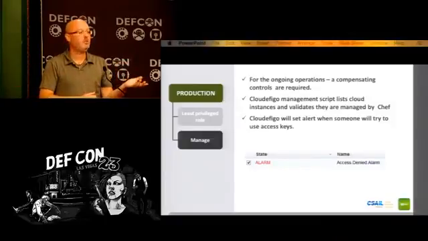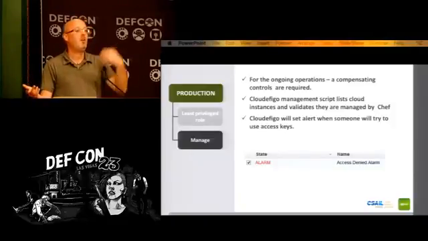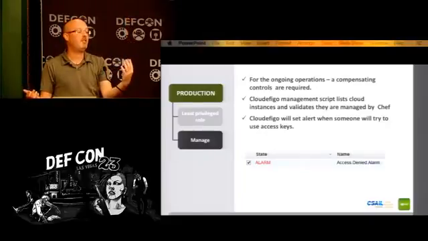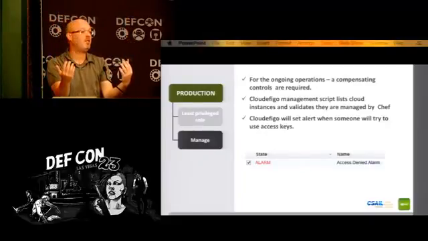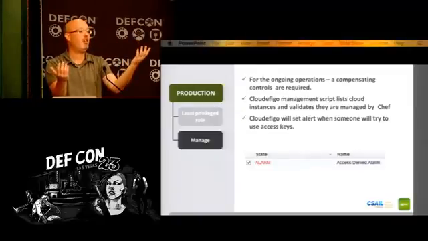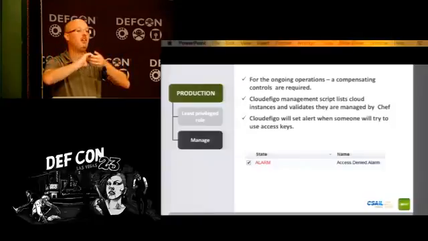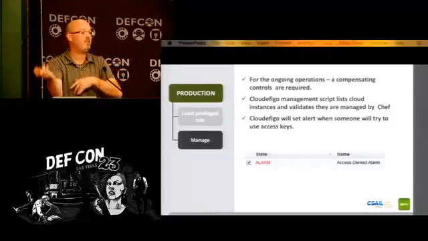How do we do those? For checking whether there are servers that are unmanaged, we pull the list of servers from Amazon and compare it to the list of servers in Chef. Bottom line, if we see a server on Amazon which is not in the Chef directory, it's probably not a good server. Somebody launched it either by mistake or it is a malicious server.